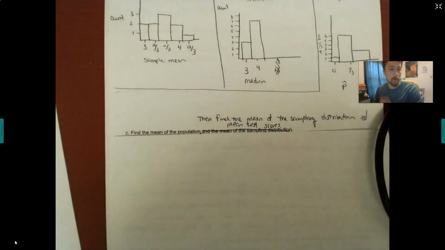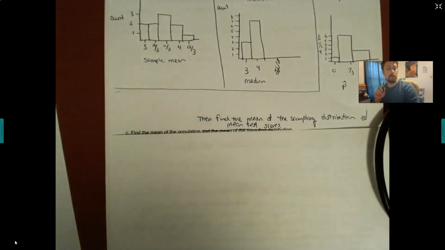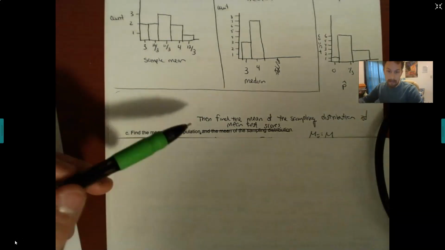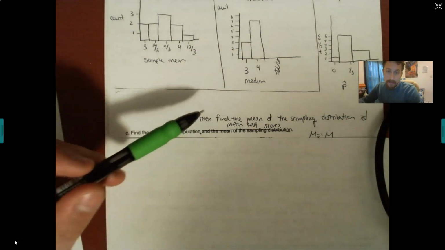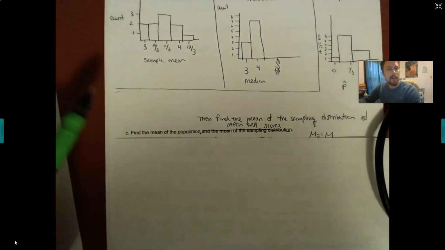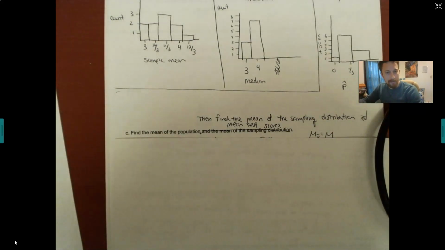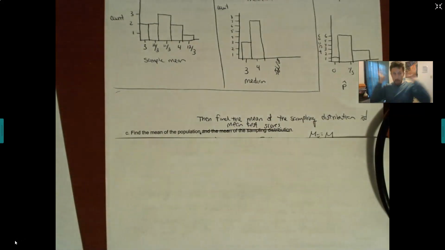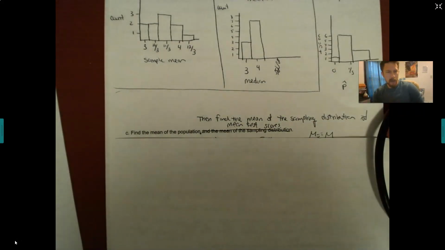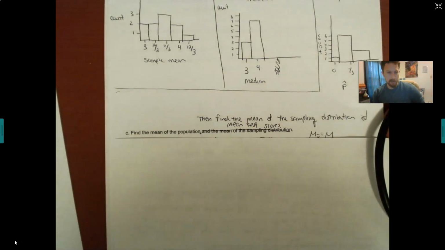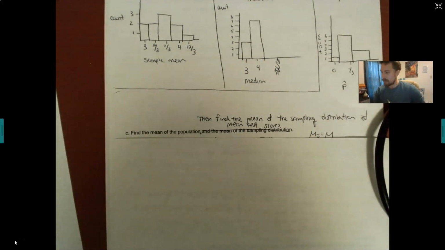Yeah, I had already reworded it on the document that's on Google Classroom. It says find the mean of the population, then find the mean of the sampling distribution of mean test scores. What is that saying? Find the mean of the population. So let's just start there.